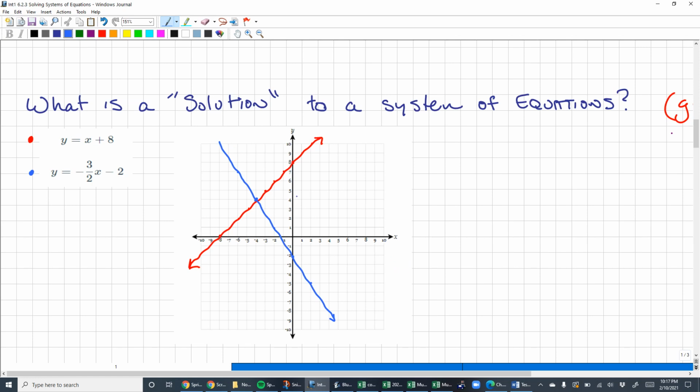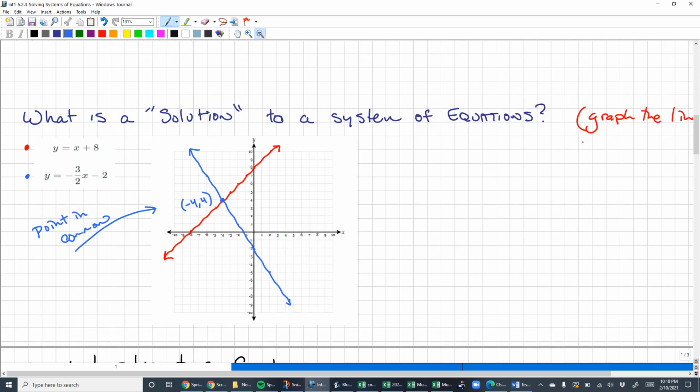And so when we see those two, they intersect right there at the point -4, 4, and that is why it is our solution. It is the point where the two lines meet. It's the only point that they have in common. A solution is the point in common for both of these equations.